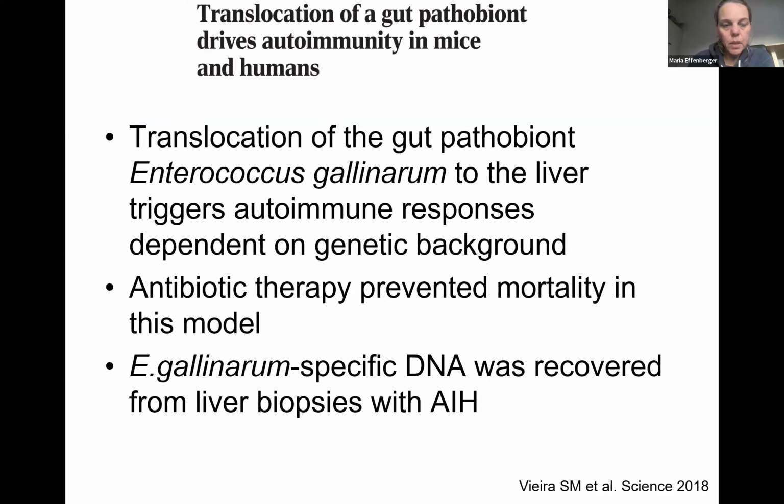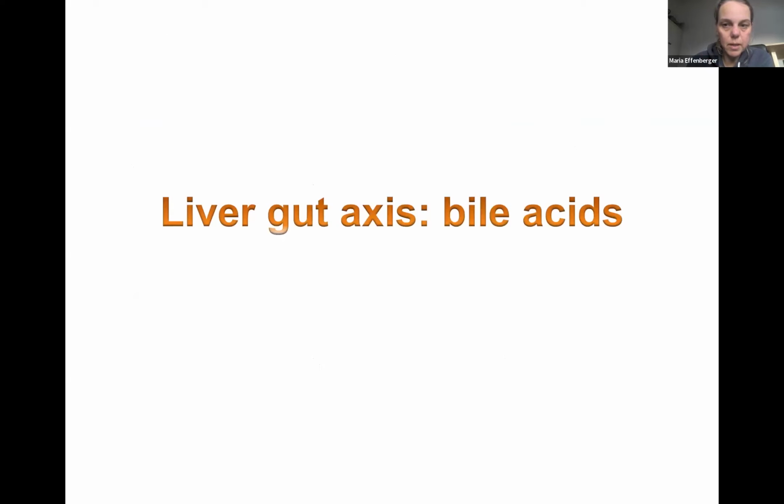And another study shows that the gut pathobiont Enterococcus gallinarum triggers an autoimmune response dependent on a genetic background. And I think this is really, really important because it shows that our microbiota not only interacts with our organ system, it also interacts with our autoimmune system, and it also interacts with our genetic background. And so I think the metabolomic genetic pathway is really important.